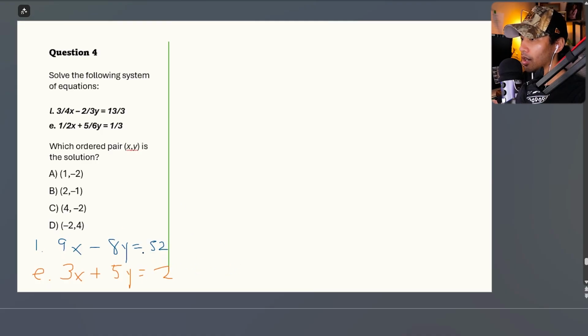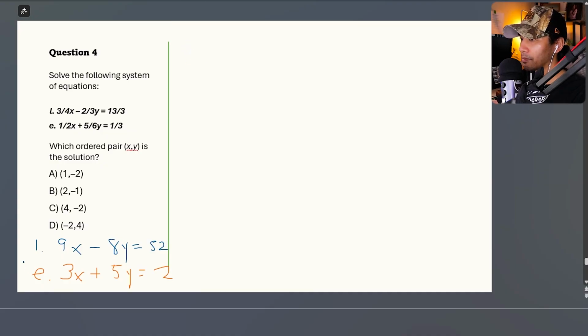Or if you want to take the long way and you don't figure out that you could just multiply by -3, you would multiply L by 5 and E by 8, both positive, and then you would just solve. But don't do that, okay? We're not here to do that.